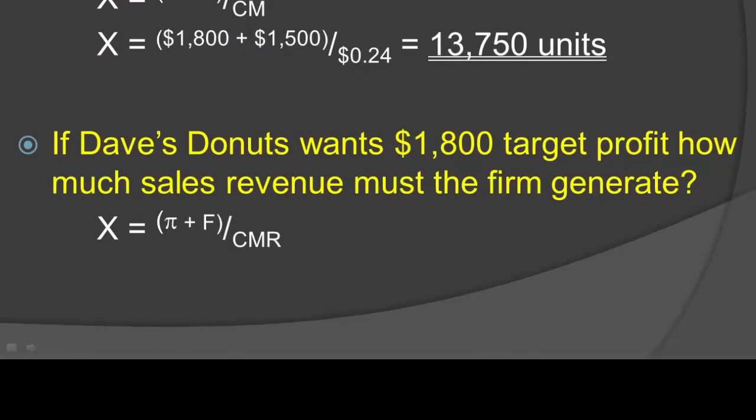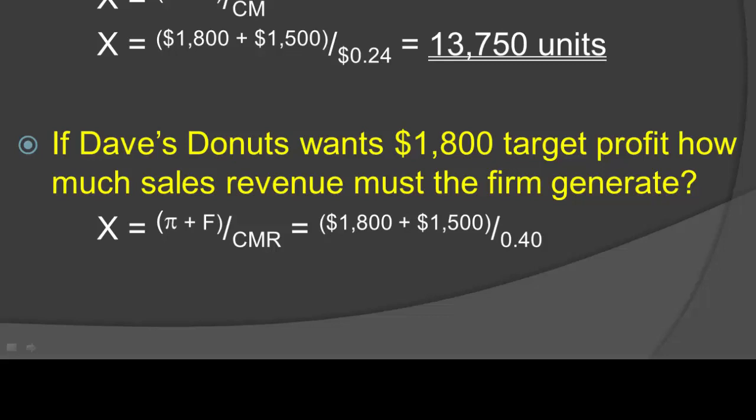Now, what if Dave wanted his answer in sales revenue instead of in number of donuts? In that case, he could take his fixed cost plus his desired profit and divide by the contribution margin ratio. In that case, his contribution margin ratio was 40%.